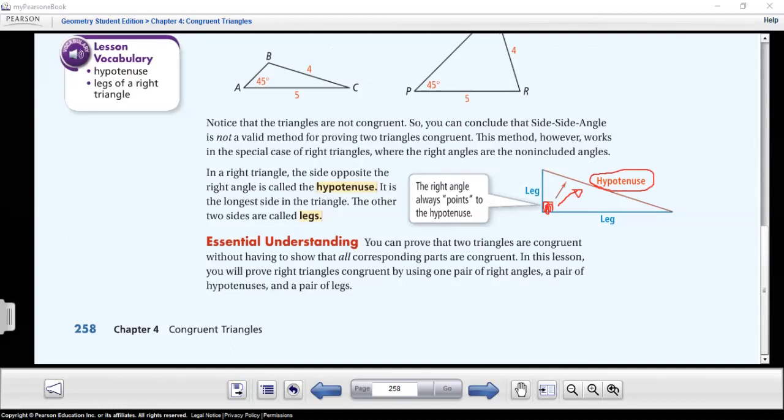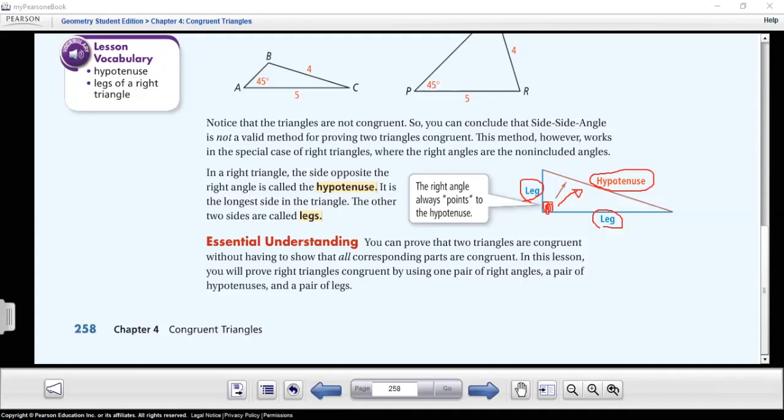The other two sides are called legs. So this side is a leg and this side also is a leg.